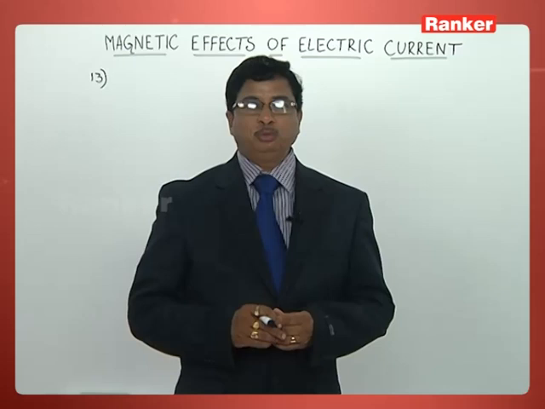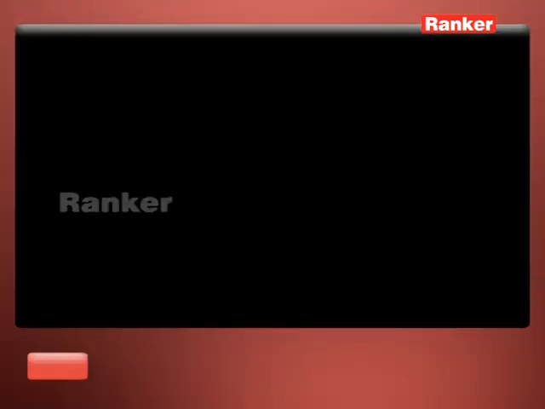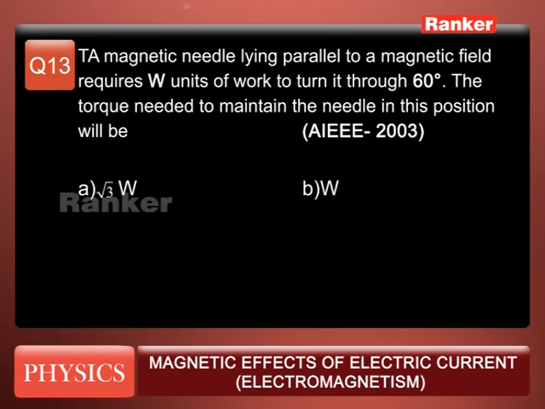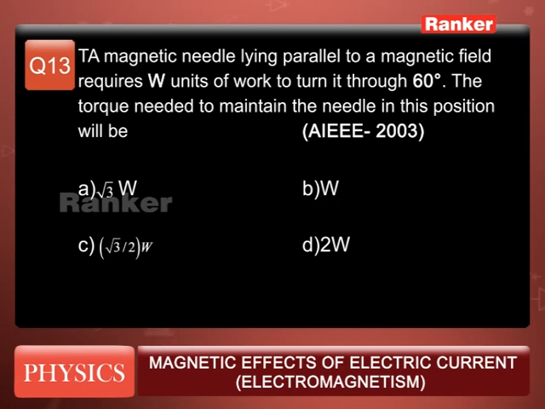Let us shift over to the next number, that's problem number 13, which was given in the 2003 EEE paper. One of the best models once again here, which is in fact related to the concept of magnetism.